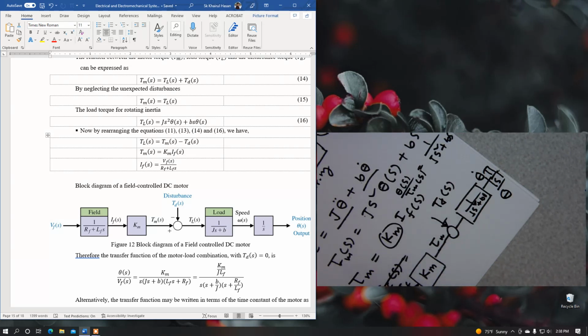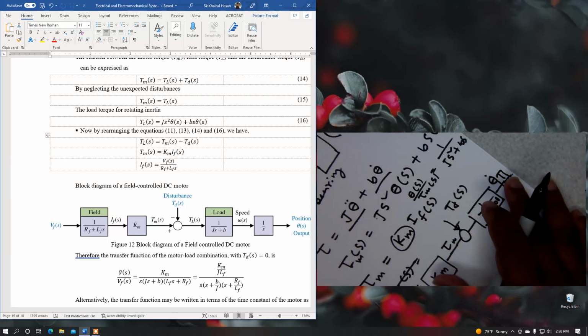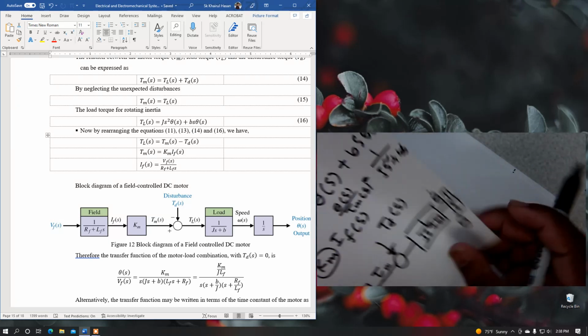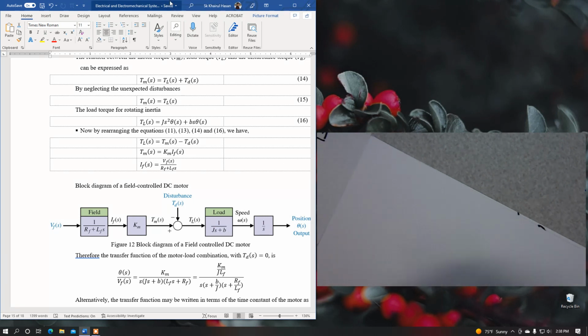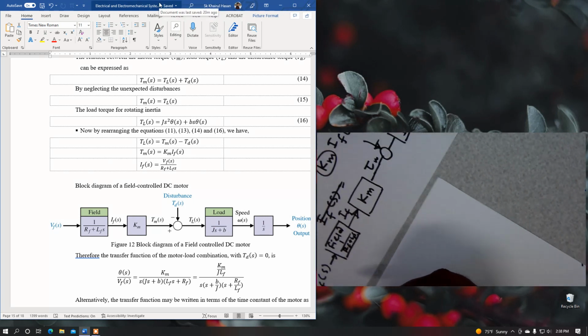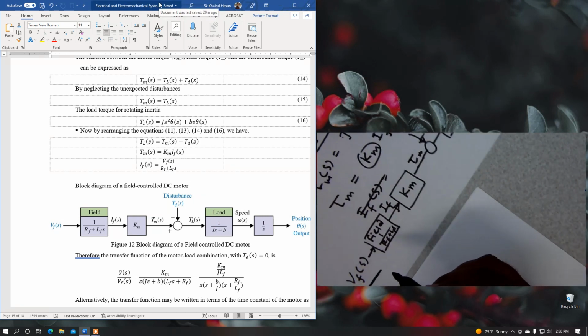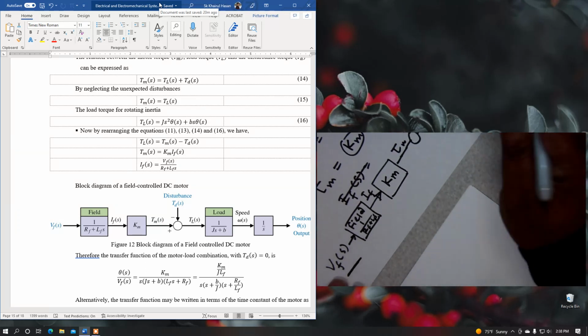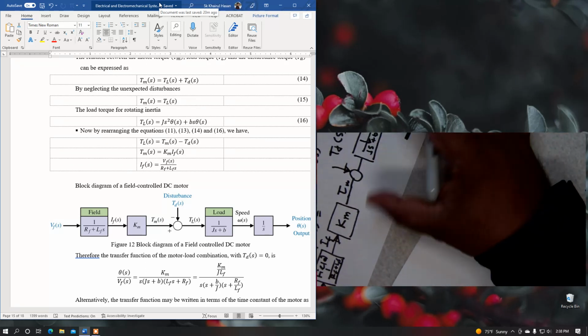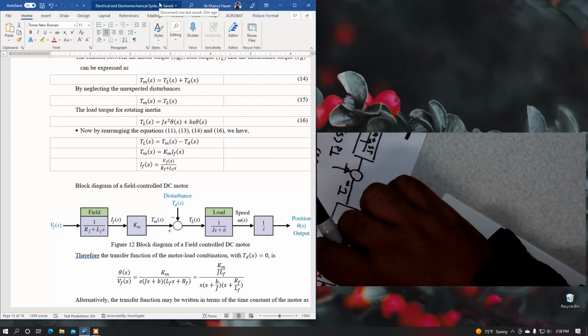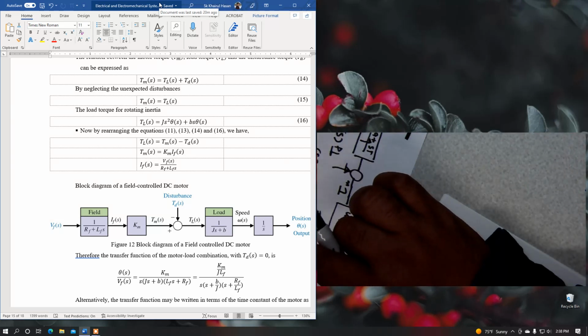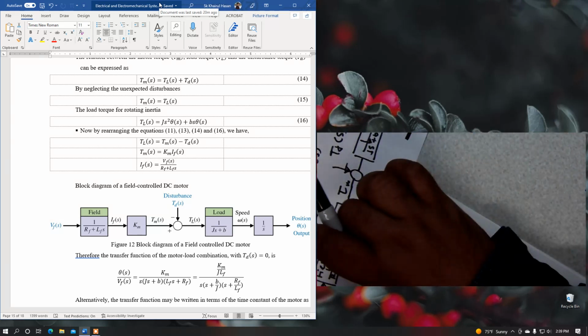Now if I ask you to determine the transfer function between the motor field voltage and the output angle theta, how will you calculate theta over Vf?